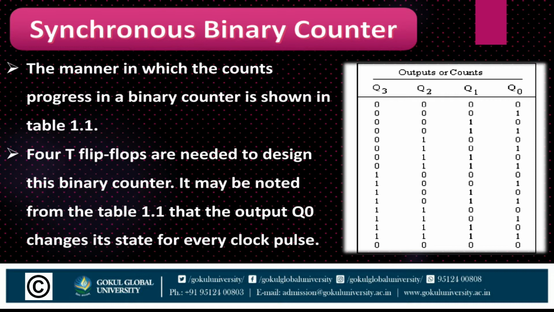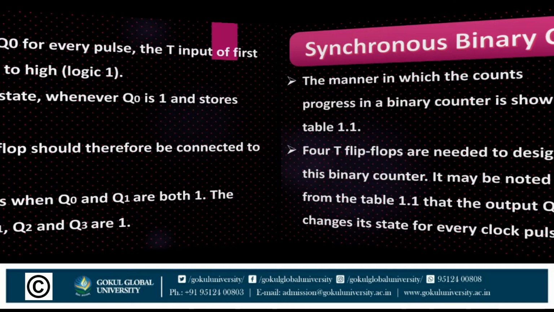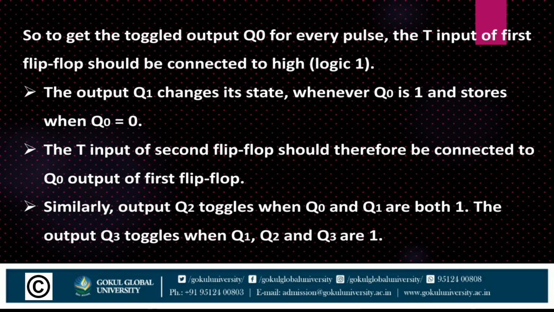It may be noted from table 1.1 that the output Q0 changes its state for every clock pulse. So to get the toggle output of Q0 for every pulse, the T input of the first flip-flop should be connected to high, meaning logic 1.